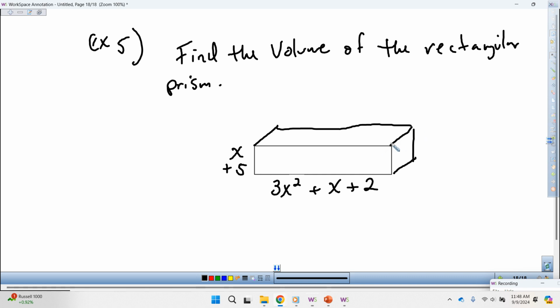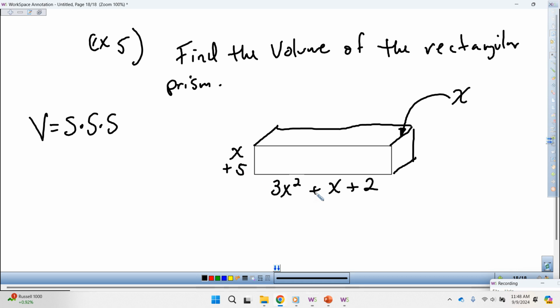And for the depth, this depth right here, this is x. So, to find the volume, you need to multiply. Volume is one of the areas, or you can multiply side times side times side.